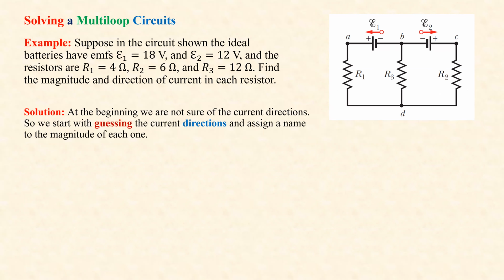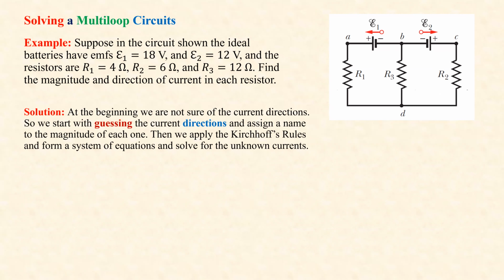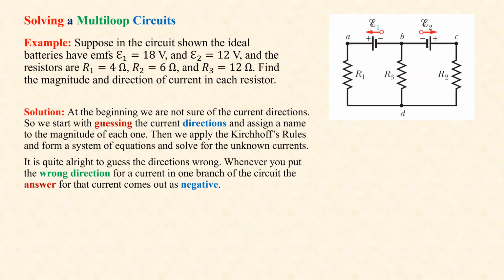It doesn't matter. Then we apply the Kirchhoff rule and form a system of equations and solve for the unknown currents. It is quite all right to guess the directions wrong. Whenever you put the wrong direction for a current in one branch of the circuit, the answer for that current comes out as negative. That is how you know that the actual direction is opposite of what you guessed.